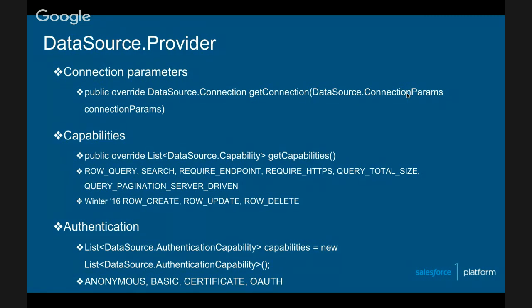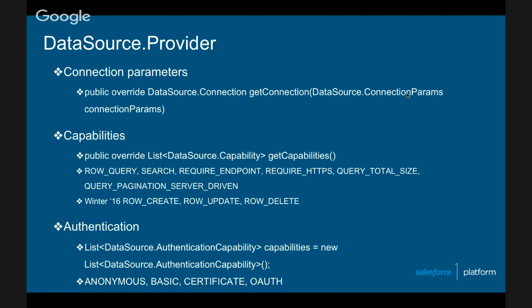And then the middle one, the capabilities. The capabilities are what this connection or what this provider is going to support. So there's a get capabilities method you override. With that, there's some enumerated values. So those start with row query. Obviously, that's what allows you to query the external data source and read the data.